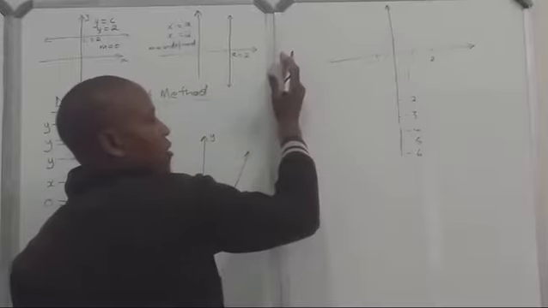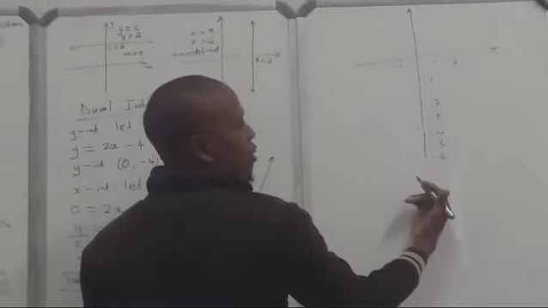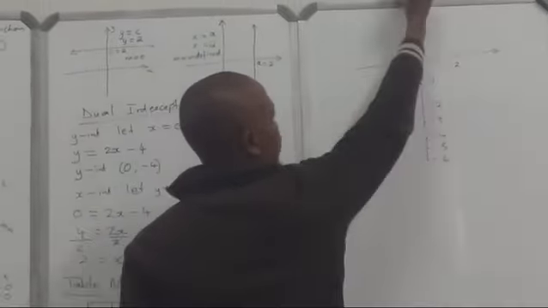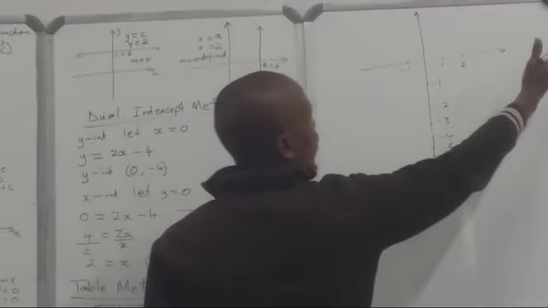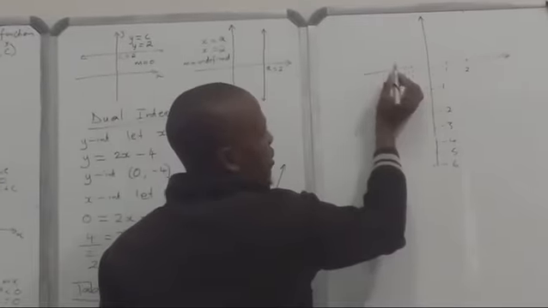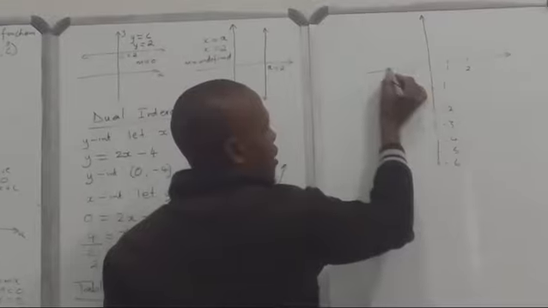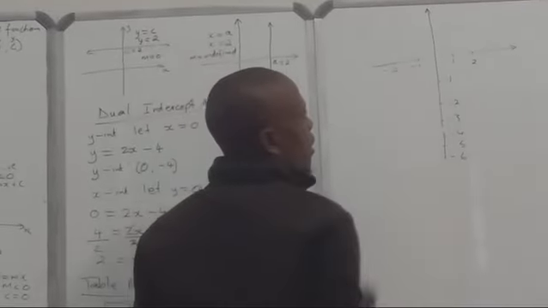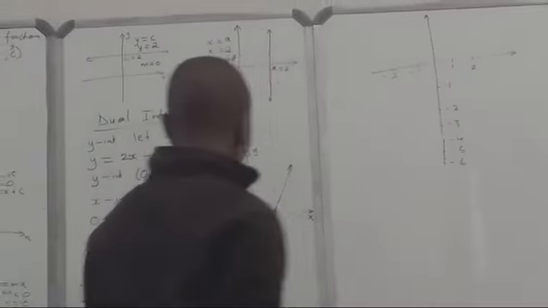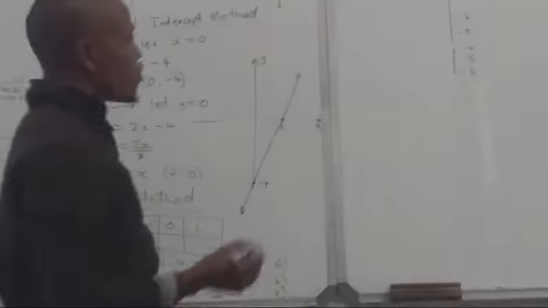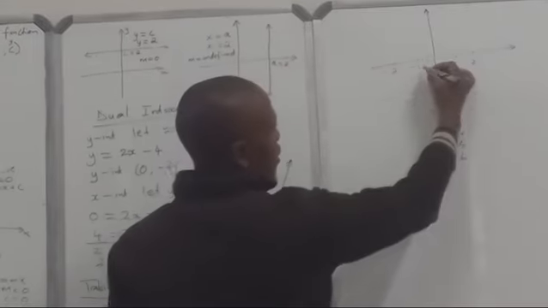On your left you have negatives, below you have negatives, and above you have positive y's. On your right you have positive x values. Alright, and then that's a negative 2. But my points are negative 1 and negative 6.